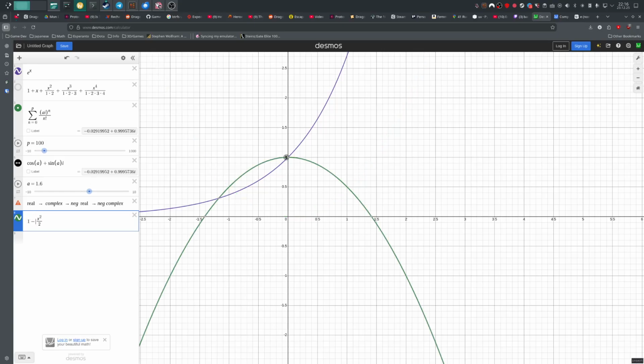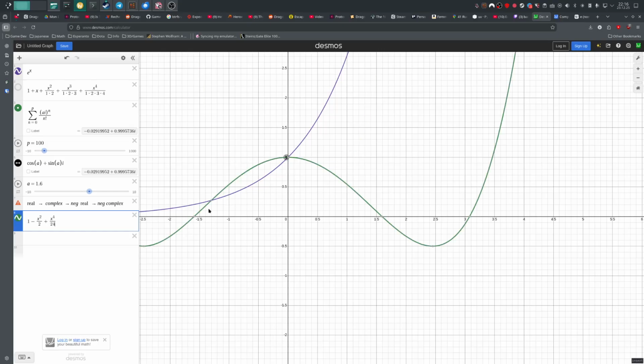We said it's negative. Then we skip another one because this is complex, but then we go back to real. So let's divide it by 24. Now let's put cosine of x. Just put cosine of x.